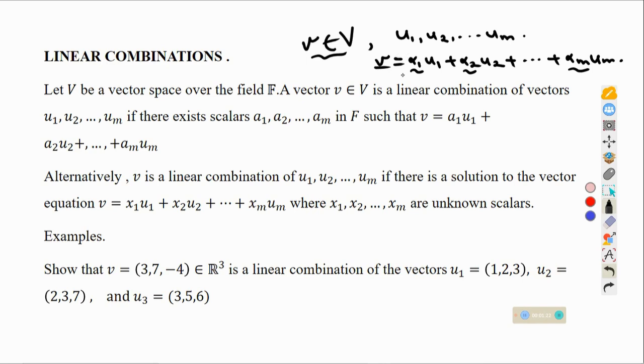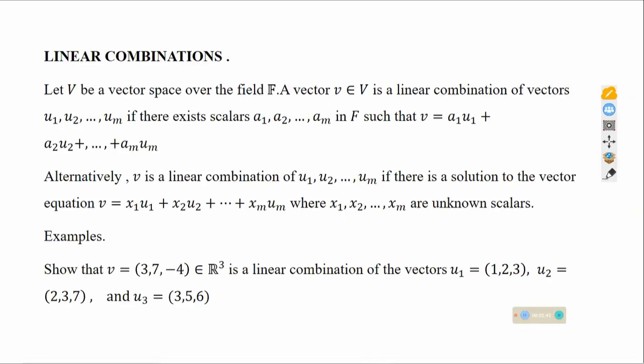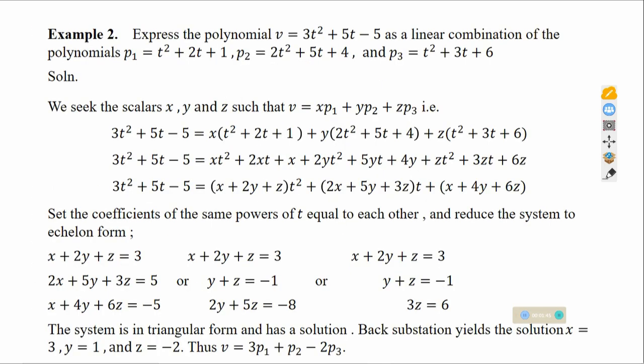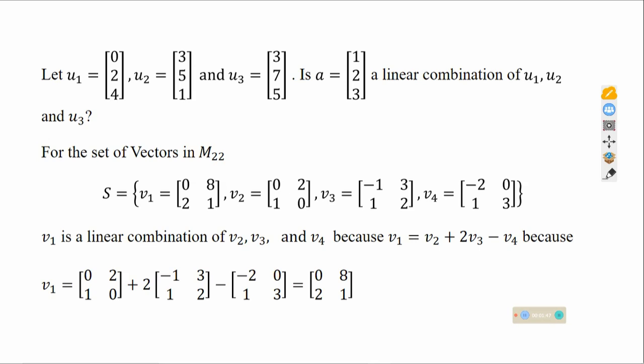So our major interest is to obtain the values for alpha 1, alpha 2 up to alpha m, such that we are able to write this expression. We want to look at some more examples about linear combinations before we look at something new.